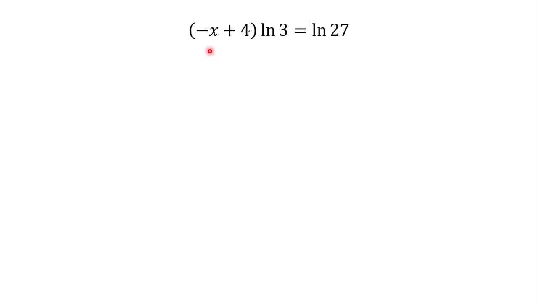That is, x plus minus x plus 4 times natural log of 3 is equal to natural log of 27. So how are you going to find the value of x? Here we are having natural log of 3. We are having x plus minus x plus 4 here, but with this side we are having only natural log of 27. We can't do comparison. So what are you going to do?